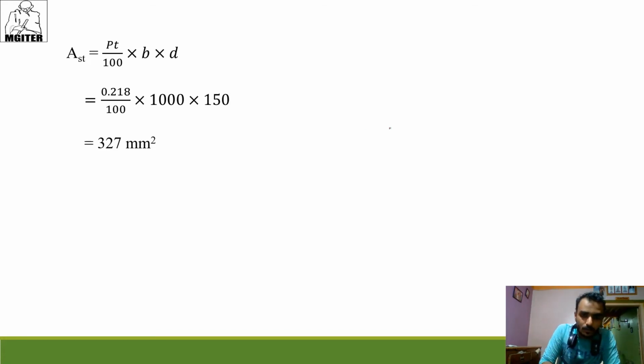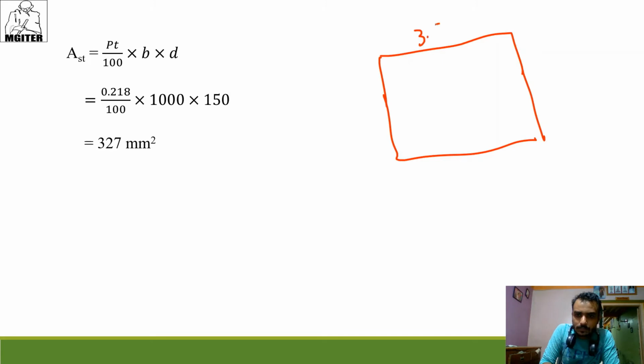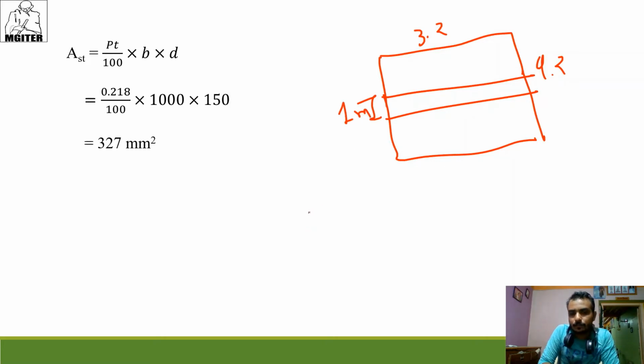But we found the area for a 1 meter strip only. So this 327 mm square is only for this 1 meter strip, but we have to design the whole structure.